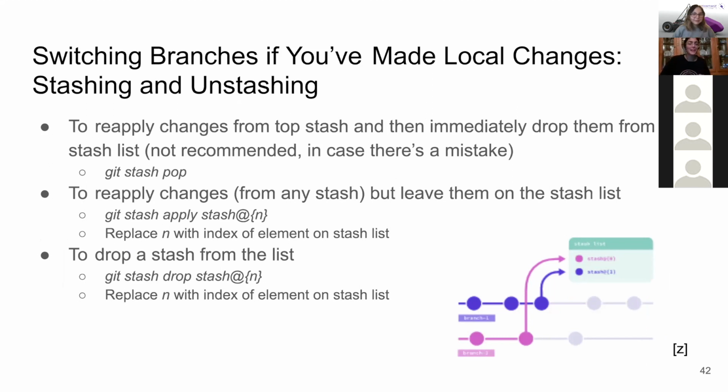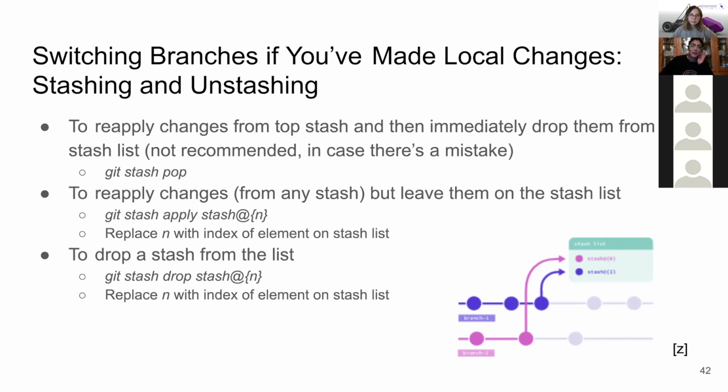Working with git stash, you have two options for applying your stash changes. There's stash pop, which will take the most recent stashed change, apply it, and then immediately drop it from the list. I personally would not recommend this one because it's one shot, and if you accidentally applied it to the wrong place or made some other mistake, you've lost the changes that you stashed. What I like to do is git stash apply, and then if it's been applied properly, I drop it manually by doing git stash drop.